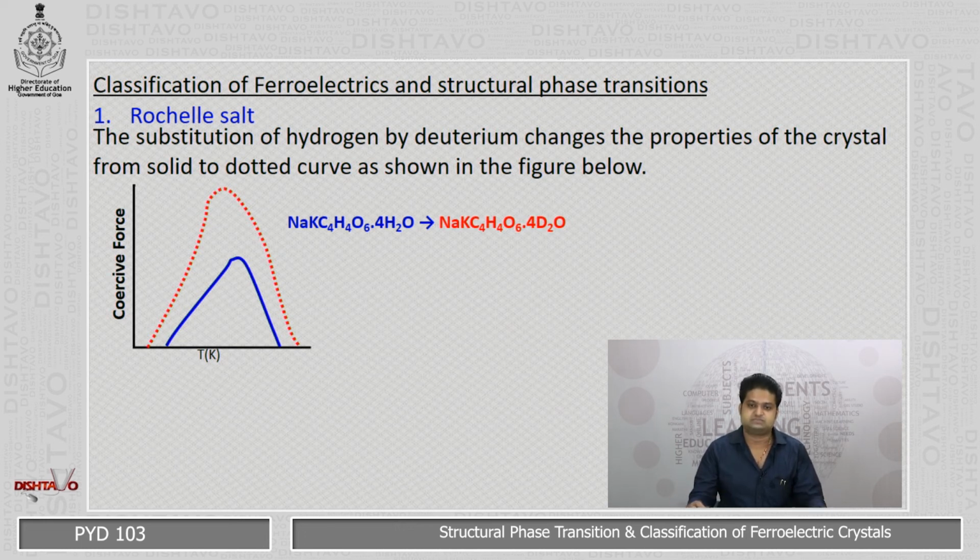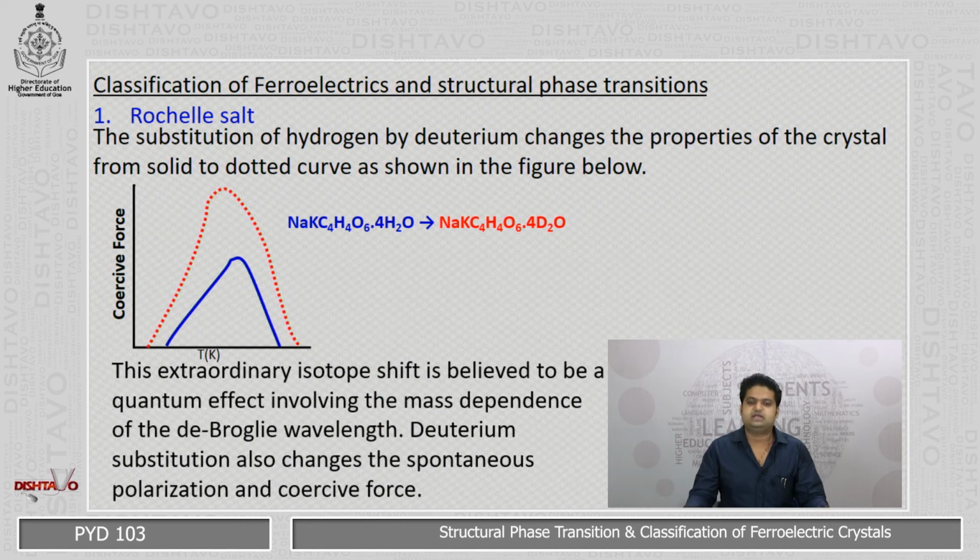Simply by replacing hydrogen with deuterium, even though there is not much difference in terms of its molecular weight and all other characteristics. Of course, deuterium is the isotope, but even though there is not much change in the other characters of it, still it is found that the range in which it shows ferroelectricity increases by almost 20 kelvins.